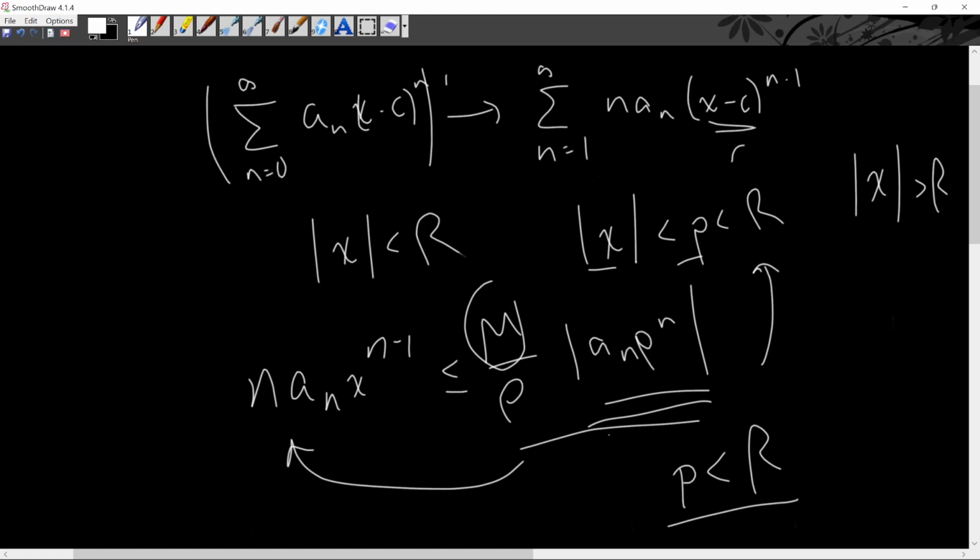So I'm just going to say that since p is less than r, a sub n times p to the nth power is a ratio that is less than an already converging r value, which means that this series converges, and that implies that this series converges because this is less than this. So the comparison test has been done.